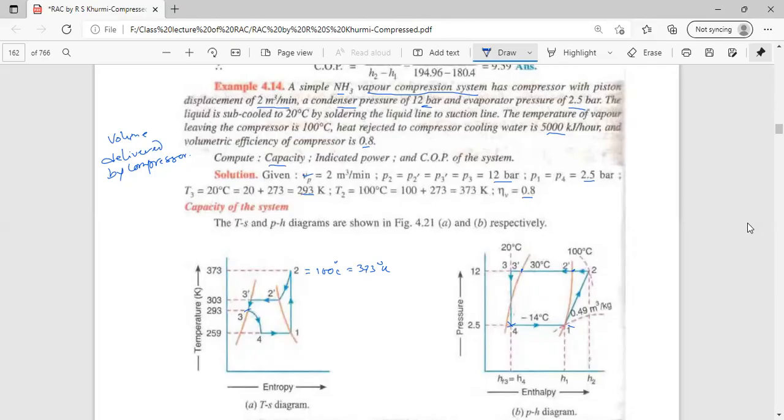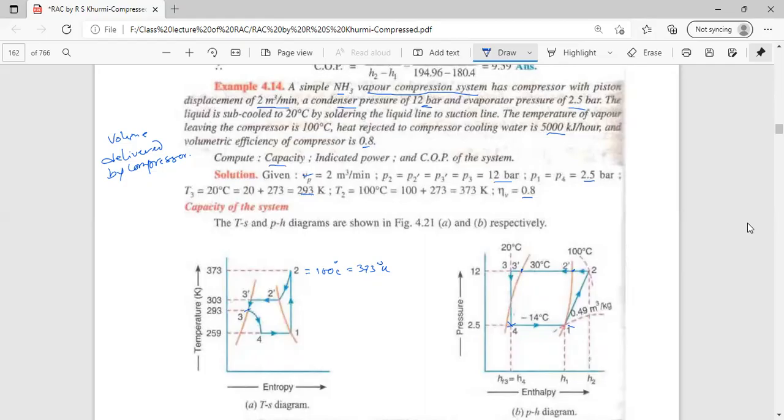Now, the T-S diagram we have shown here. What is given? That is 259, the inlet temperature of the compressor, as well as the inlet temperature of the evaporator itself, which is given by only 20 degrees centigrade, that is 293.